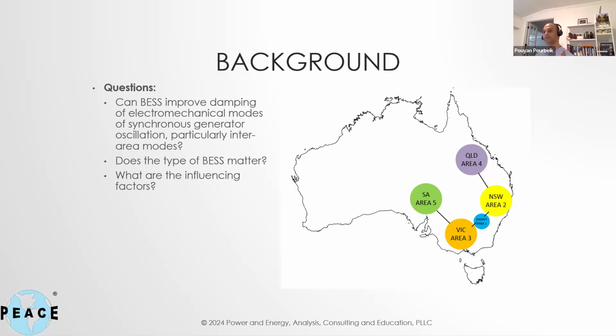And some of these modes will be between large groups of plants oscillating against each other. So like in this example of the Australian network, you have these large areas, Queensland.